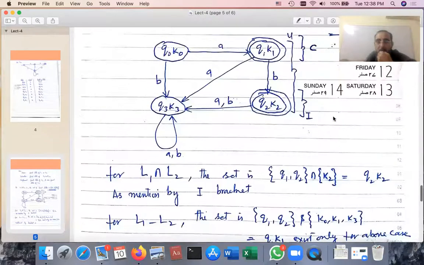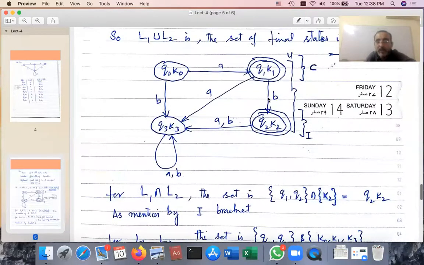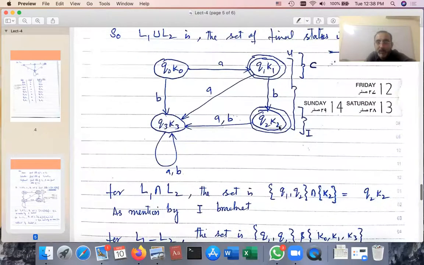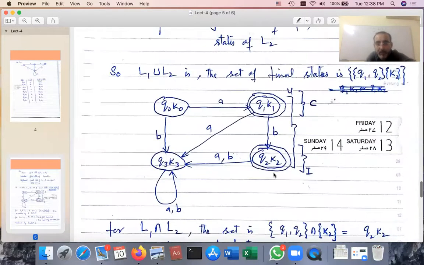Q1 K2 is not existing here, but Q2 K2 is existing in this drawing, and the double circle is already there. If it is not, then you have to draw the double circle there. And Q2 K2 is the only state which you can represent as a final state in case of intersection.